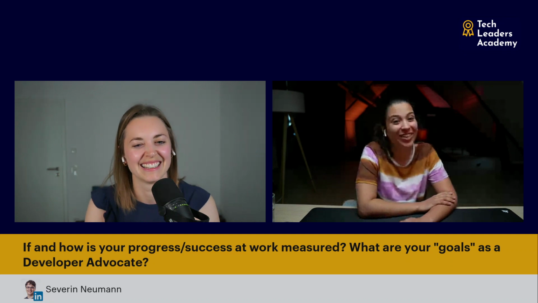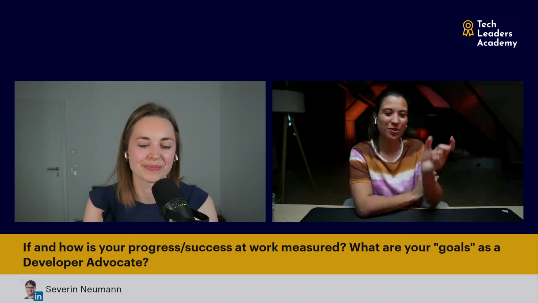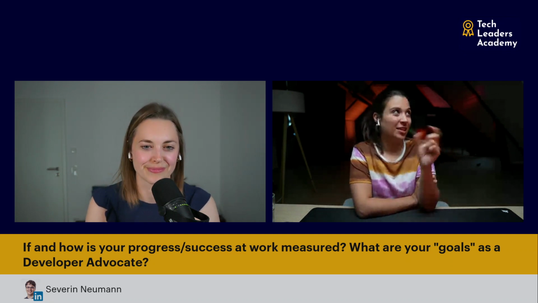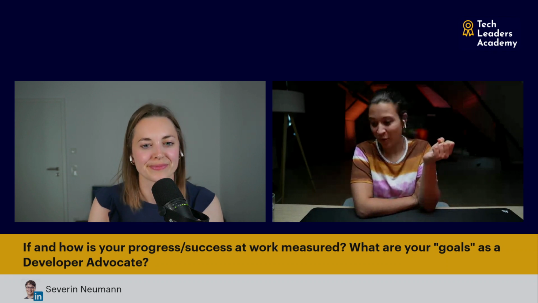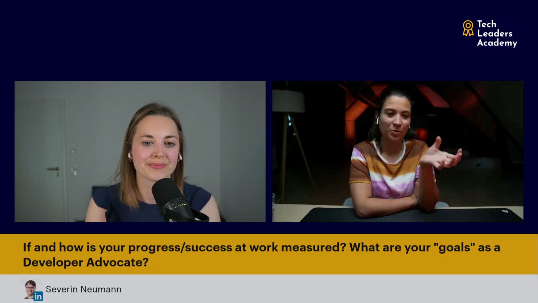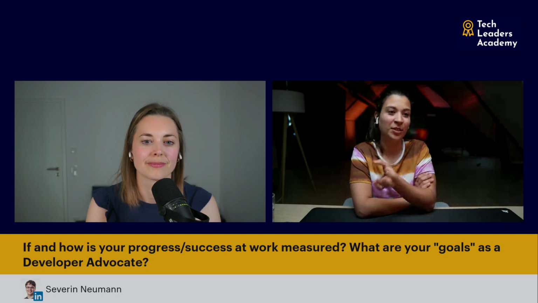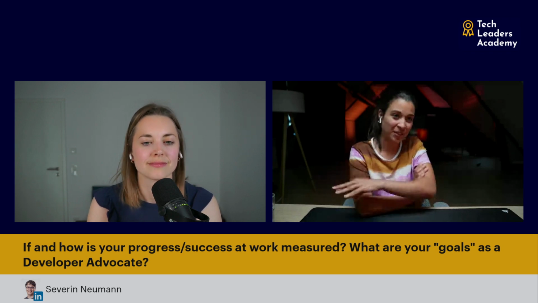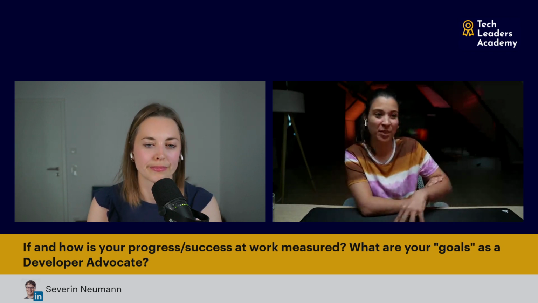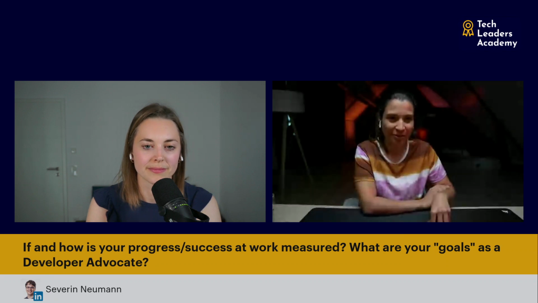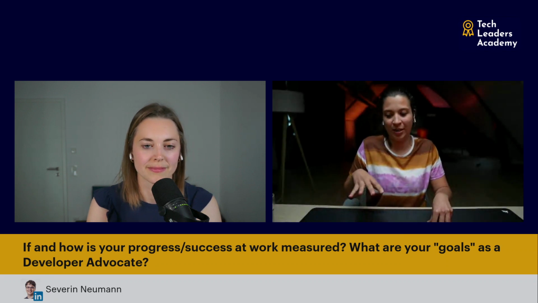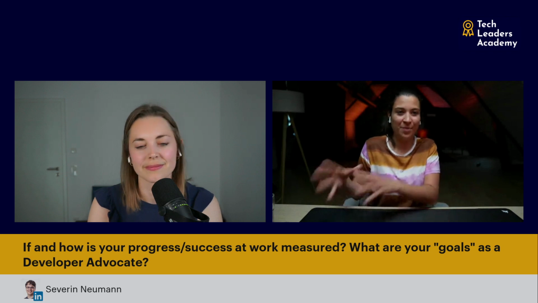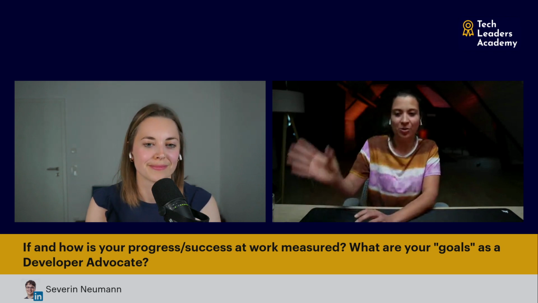I think there are two answers to it, because it's one of the roles that either sits in developer relations with marketing, and then you are more tied to marketing goals, or you sit in the engineering part and then you are more tied to engineering goals. I've never worked in a developer advocate role under a marketing umbrella.